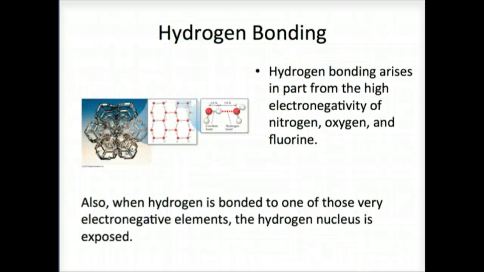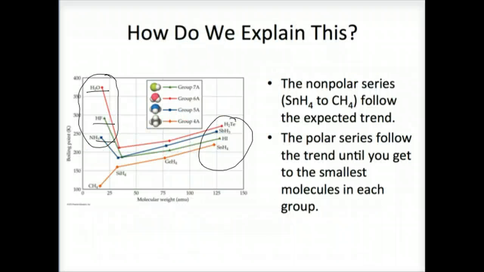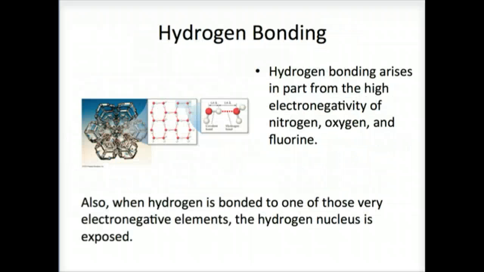Now, it becomes significant because hydrogen bonding is what explains that unusual jump that we observed here with water, hydrogen fluoride, and ammonia. Notice that we have hydrogen being attracted to a very electronegative atom. These are some of our most electronegative atoms on the periodic table.